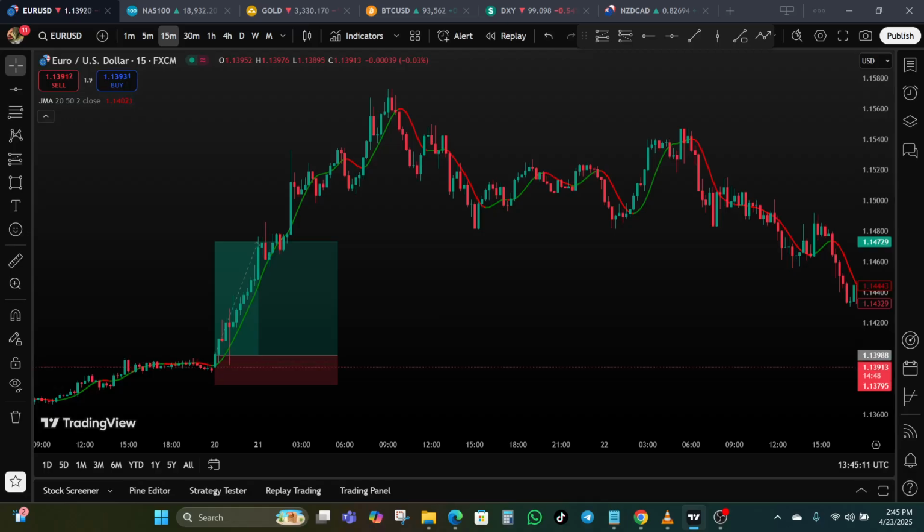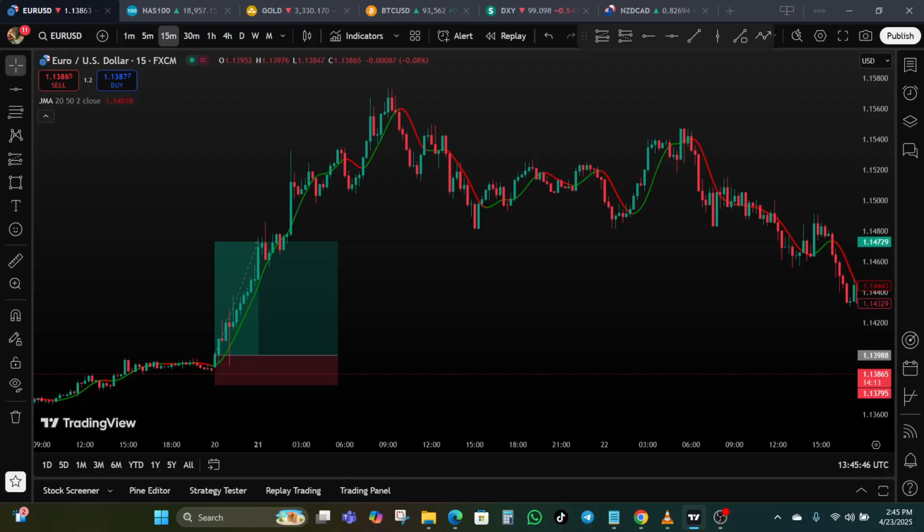The Jurik moving average helps you avoid these, keeping you in trends longer and reducing unnecessary exits. So, JMA is especially effective on shorter time frames where the market is constantly shifting. It helps traders stay in trends without getting shaken out prematurely.